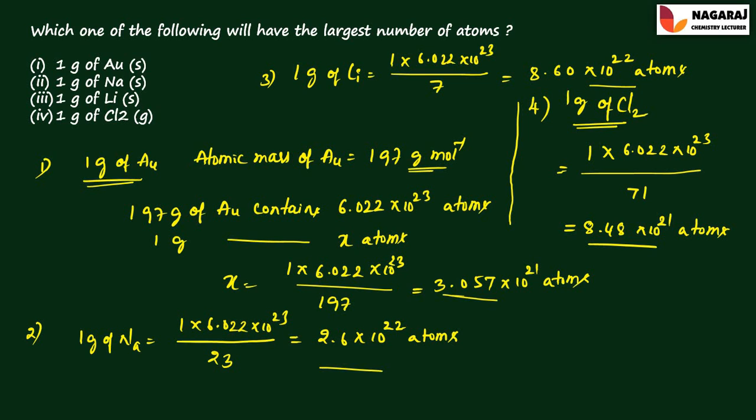That is, the correct option is 1 gram of lithium, right? So this 1 gram of lithium contains 8.60 into 10 to the power 22 atoms.